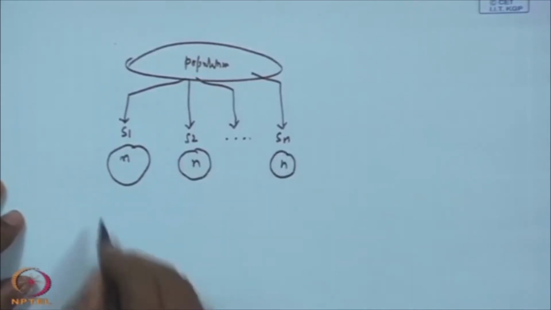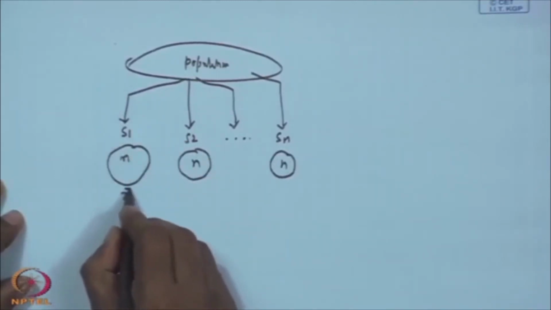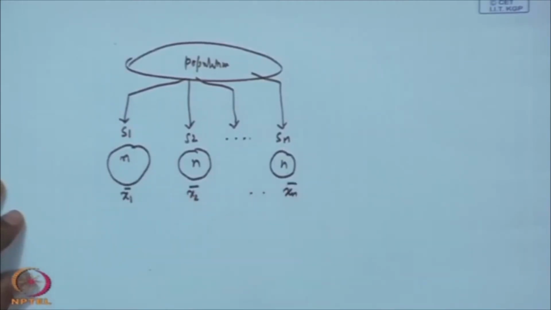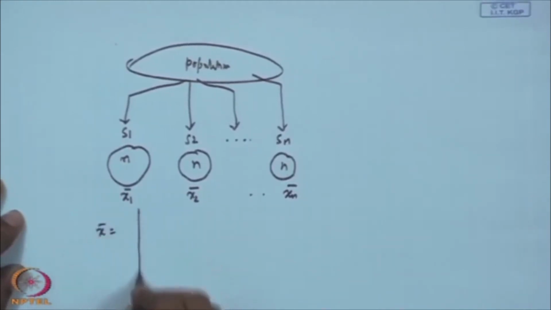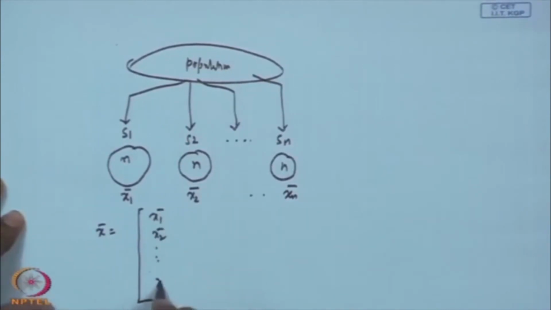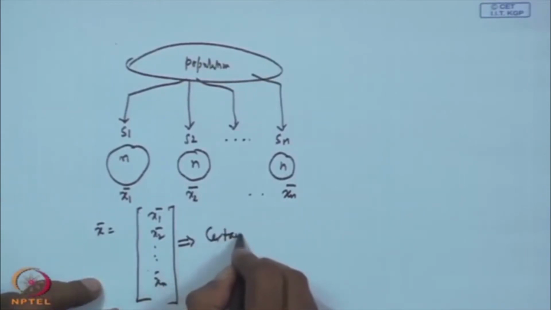If you calculate the point estimates, they will be x1 bar, x2 bar, like this xn bar, which I can write in vector form. Last class we saw that this follows a certain distribution.